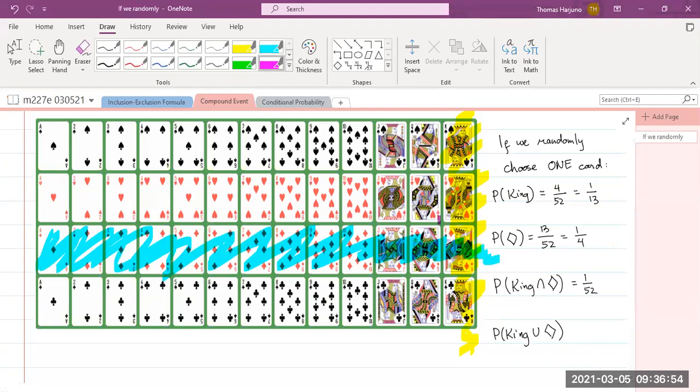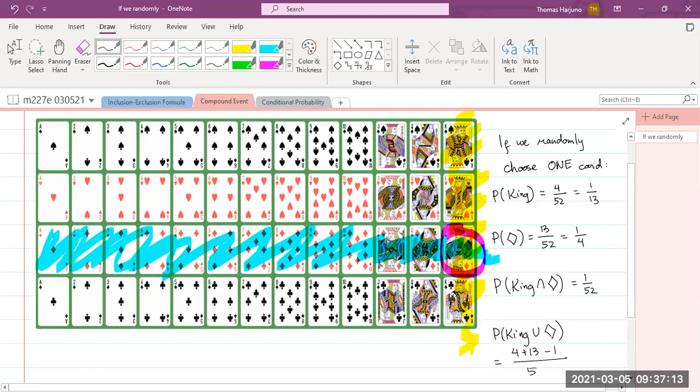That's because the king of diamonds is counted twice, so we need to subtract that once. So this will be equal to 4 plus 13 minus 1 over 52. That's 4 out of 13.